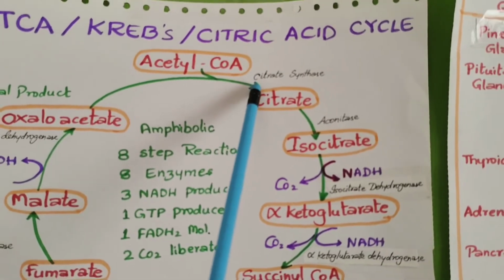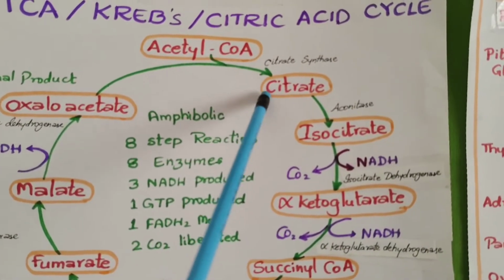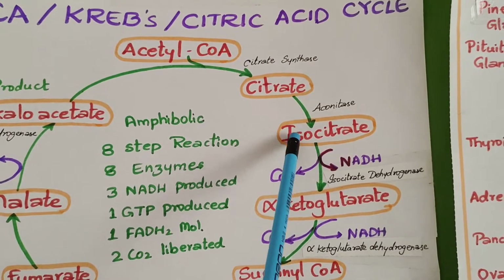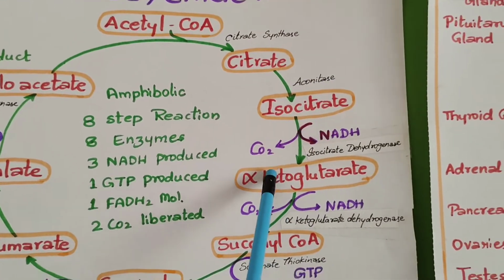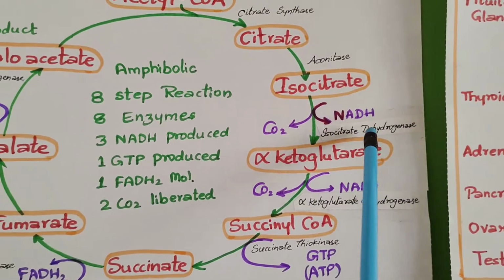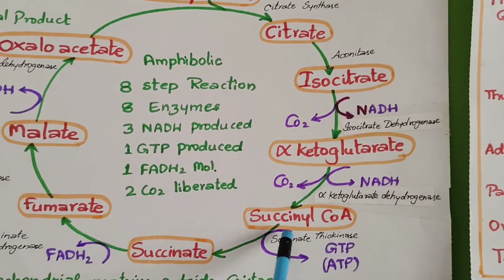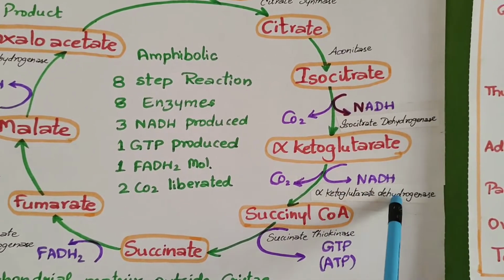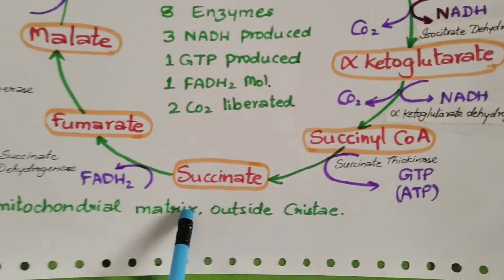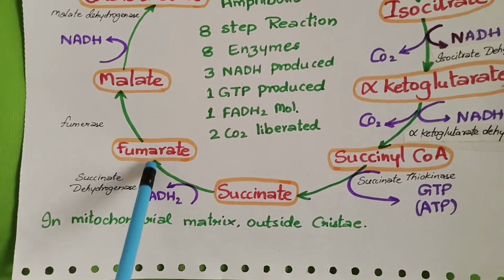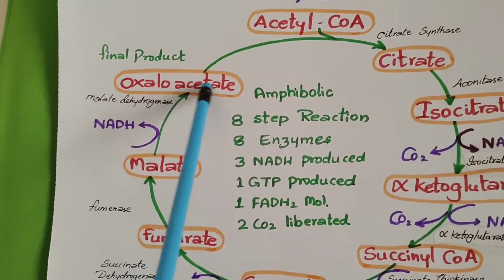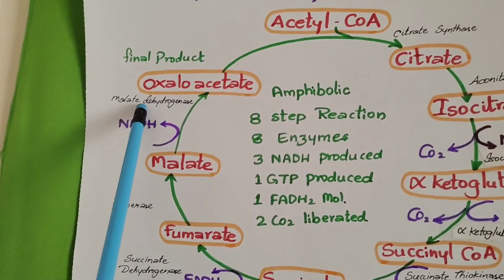Then citrate gets converted to isocitrate with the help of aconitase enzyme, and isocitrate is converted to alpha ketoglutarate with the help of isocitrate dehydrogenase, and alpha ketoglutarate is converted to succinyl-CoA using alpha ketoglutarate dehydrogenase, and then succinyl-CoA is converted to succinate using the enzyme succinate thiokinase, and then succinate is converted into fumarate using succinate dehydrogenase, fumarate into malate using fumarase enzyme, and oxaloacetate is converted from malate using malate dehydrogenase.